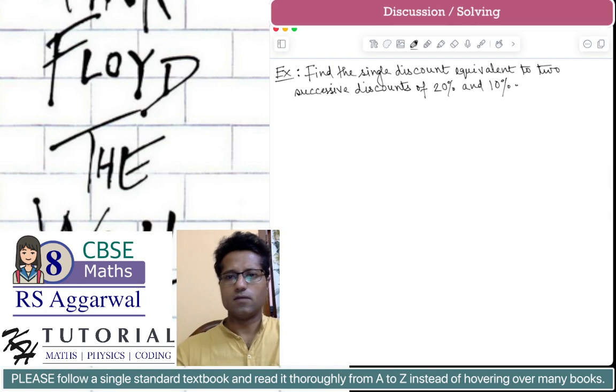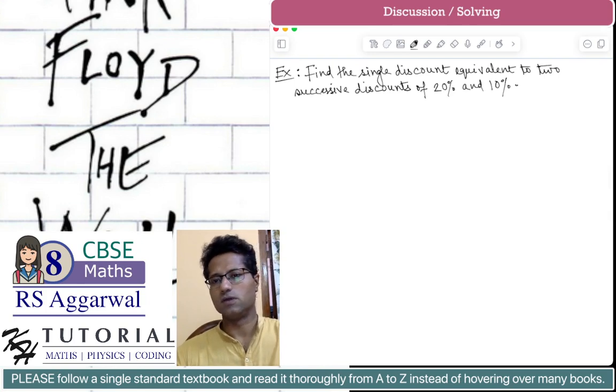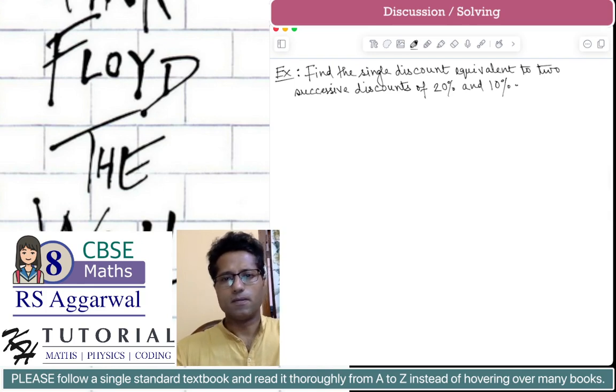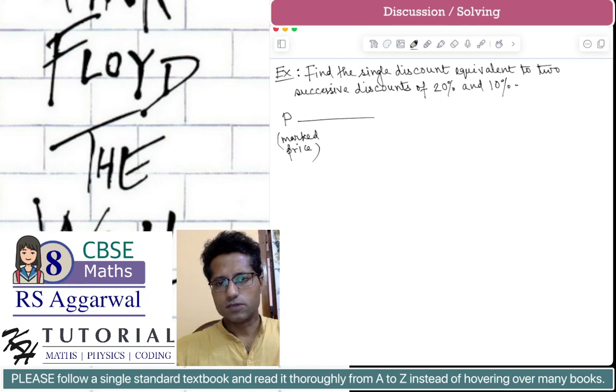Let's try to understand what the problem is saying. Find the single discount equivalent to two successive discounts of 20% and 10%. So let's say the mark price is P. First there was a discount of 20%, so we get a reduced price of Q. This is an intermediate reduced price.